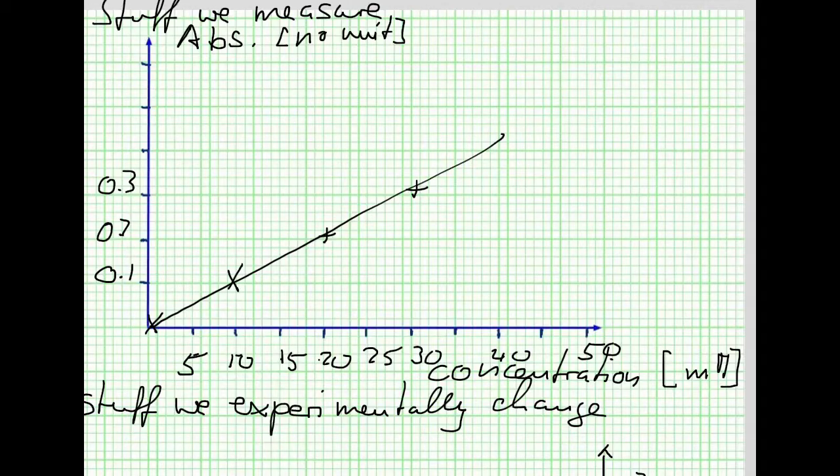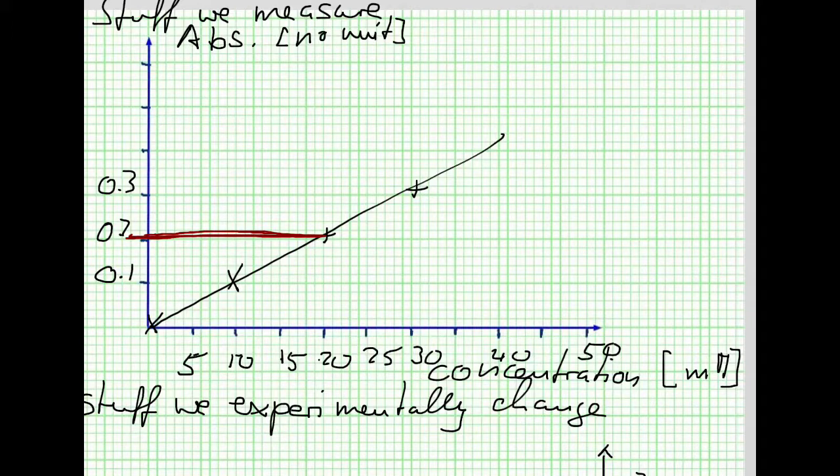So all I need to do is now, with my standard curve, I say, okay, my unknown concentration gives me an absorbance, which is 0.2, which is this one here. So all I need to do is go here from 0.2 to where this horizontal line hits my standard curve.